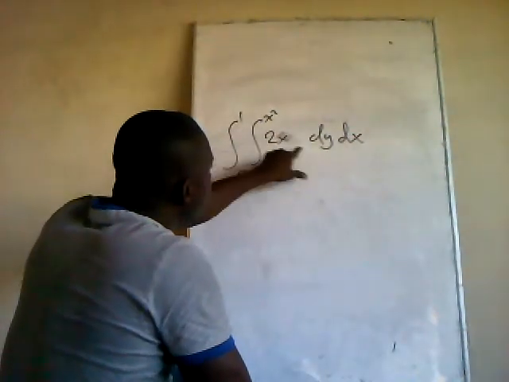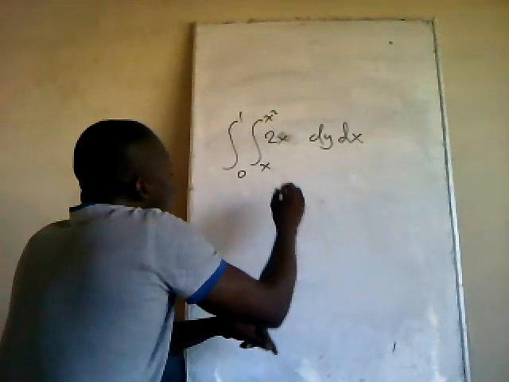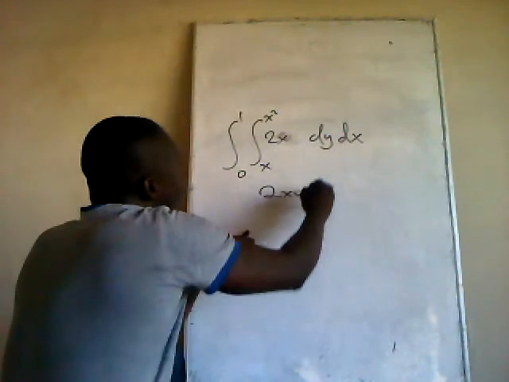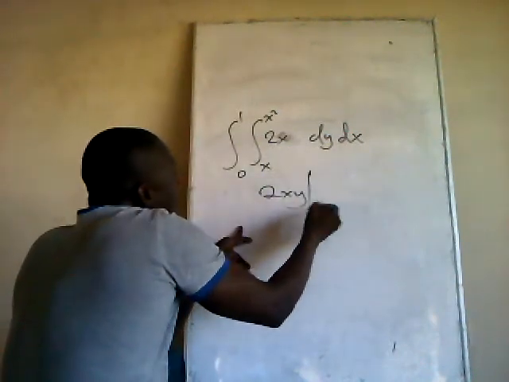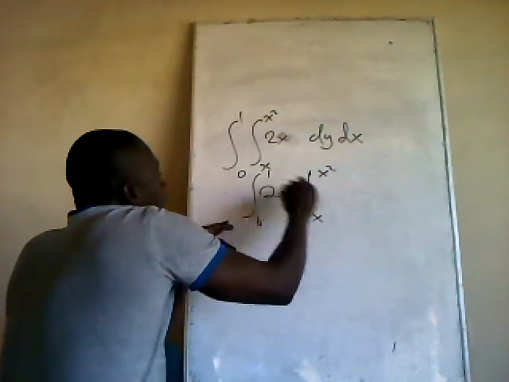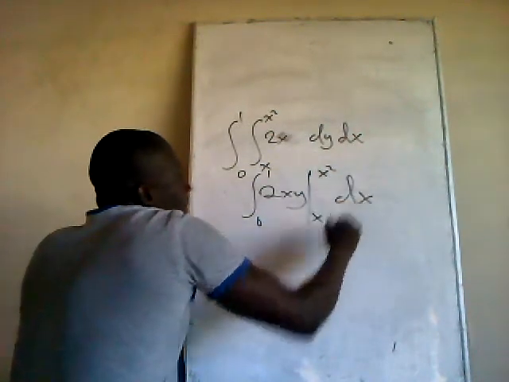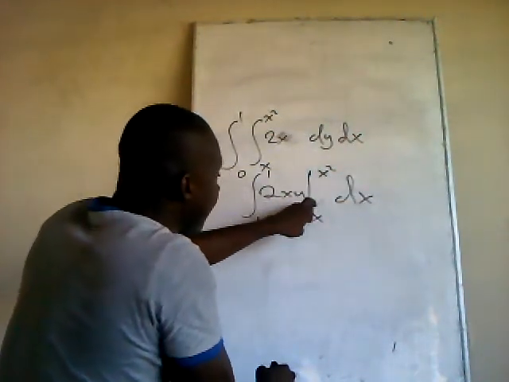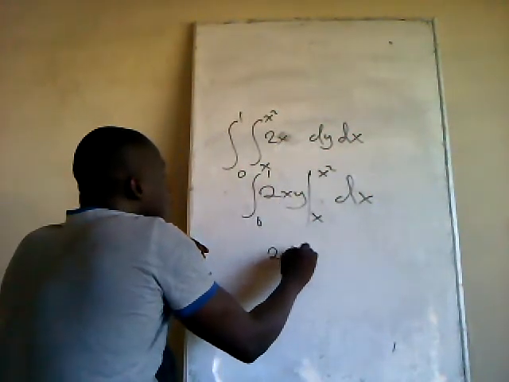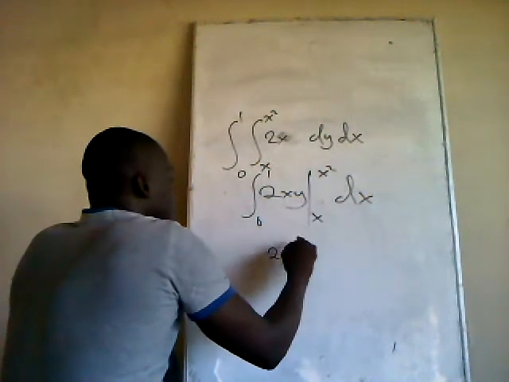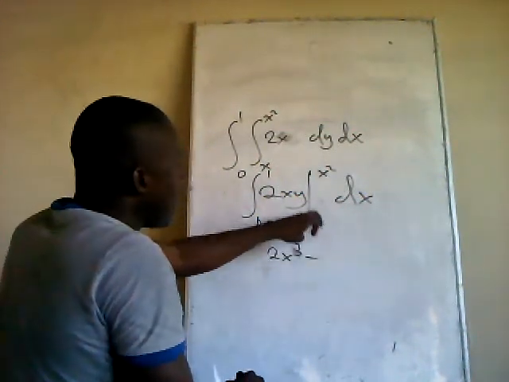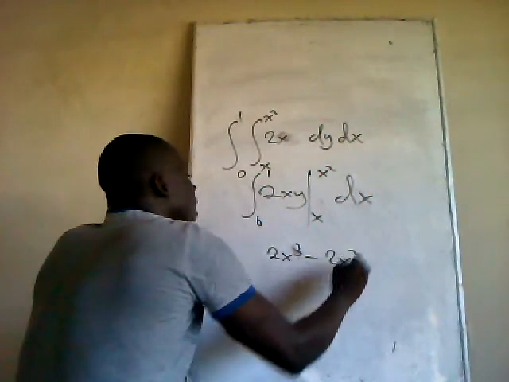First, I integrate this function with respect to y and I get 2xy. In place of y, I put x and x squared and integrate from 0 to 1 dx. When I put x here and x squared there, I get 2x cubed minus 2x squared.